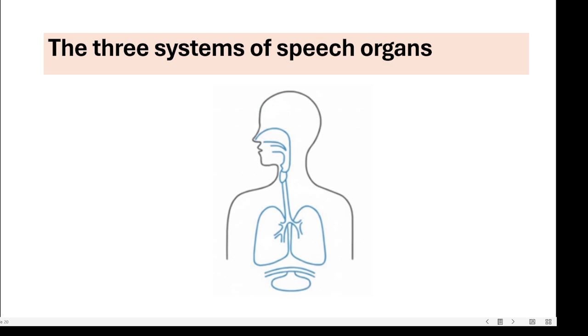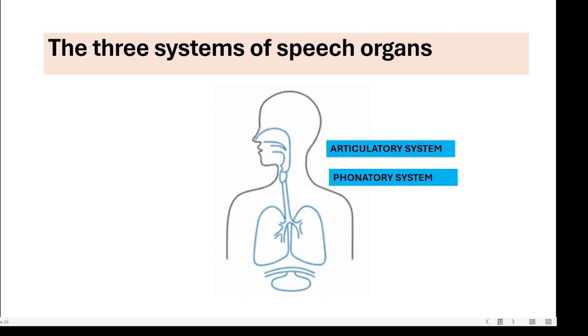At the same time, however, these three systems work as subsystems of a larger unit, a larger system, which is the human body. So let's see the three systems of speech organs, and they are the articulatory system, the phonatory system, and the respiratory system. We will start describing them from bottom to top.